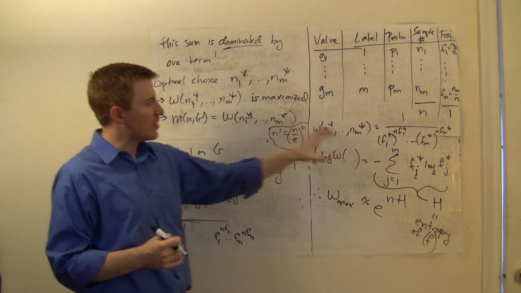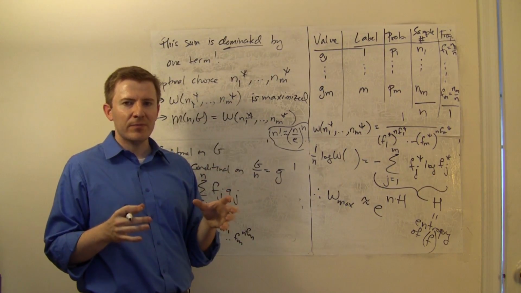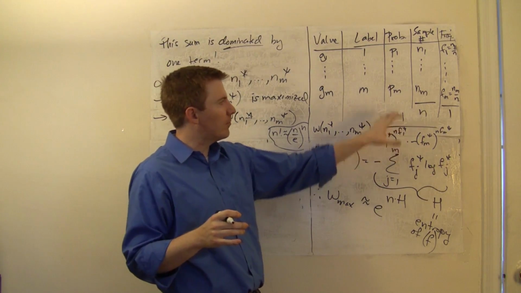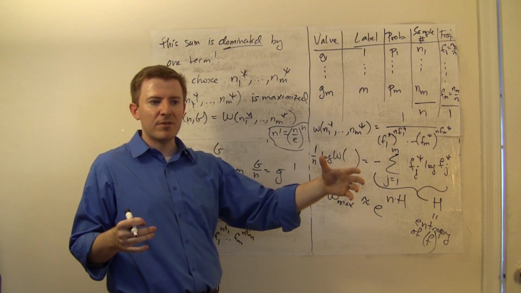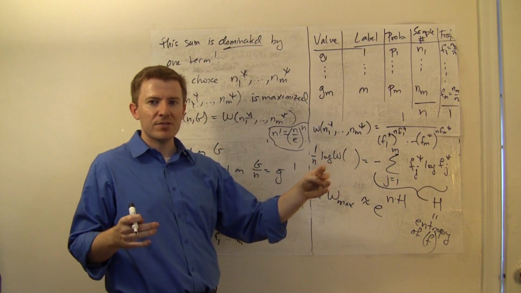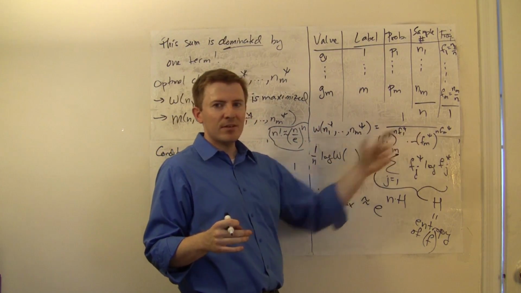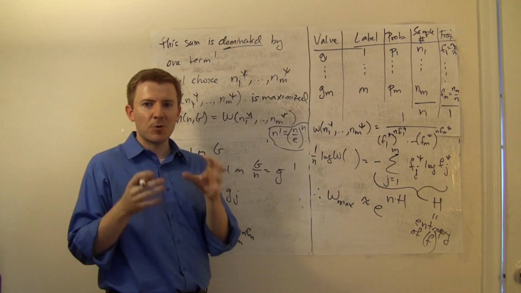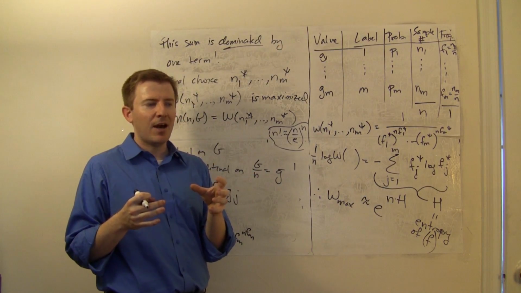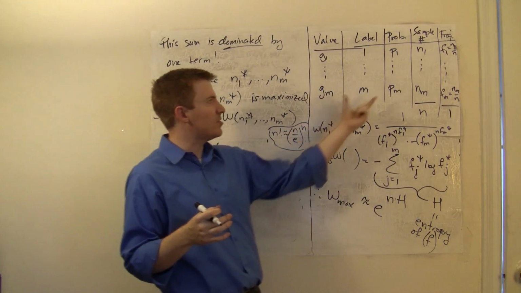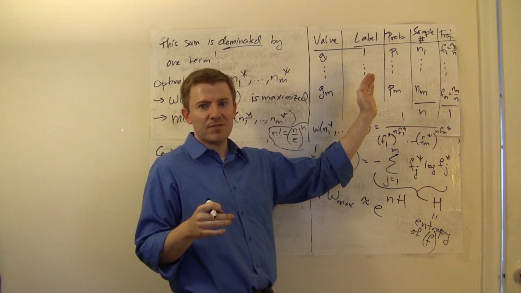The point being expressed here is that there's one particular choice of sample numbers, meaning frequencies of the different results, that gives you so many more possible sequences than any other choice that, for all intents and purposes, you can say with probability 1 you have that choice of sample numbers.